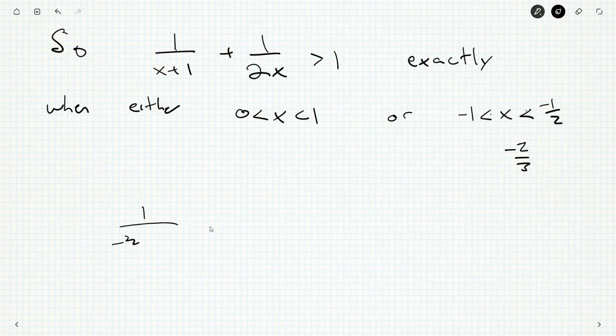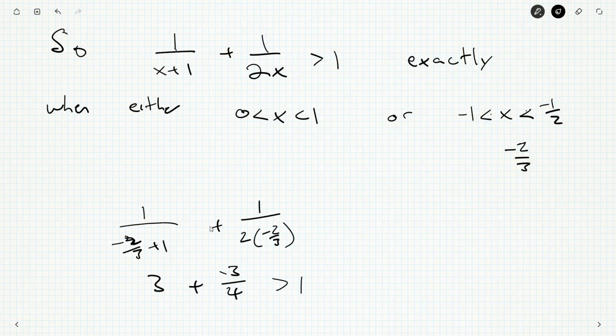1 over negative 2/3 plus 1 plus 1 over 2 times a negative third. We'll get 1/3 on the bottom here, so this will be 3 plus 3 over negative 3 over 4. And that's 12 over 4, so it's going to be 9 over 4.